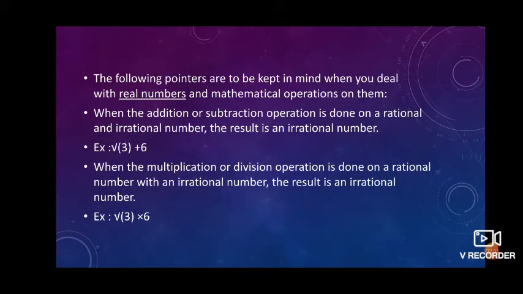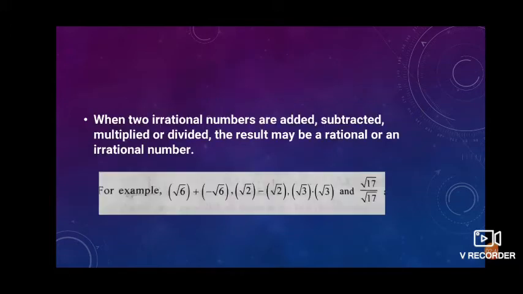When multiplication or division is done on a rational number with an irrational number, the result is an irrational number. Again same thing, children. As I told you at the starting, rational and irrational combination is always irrational. So here also same, root 3 into 6. Root 3 is irrational. If you multiply that with 6, automatically the result is also irrational.